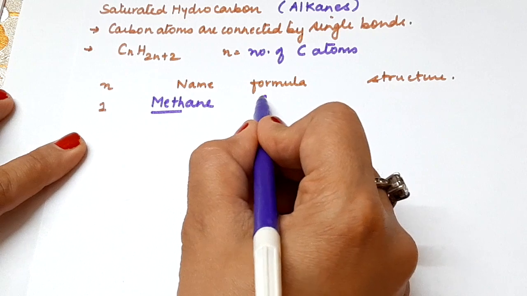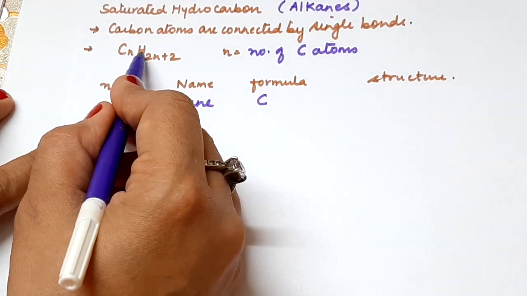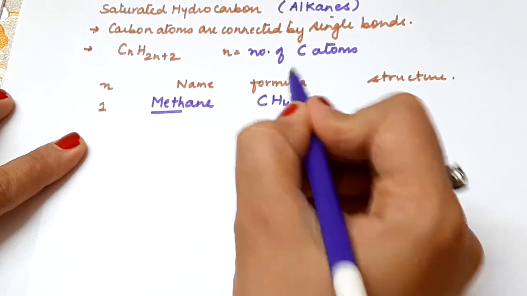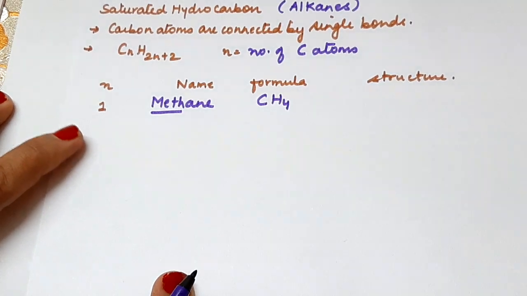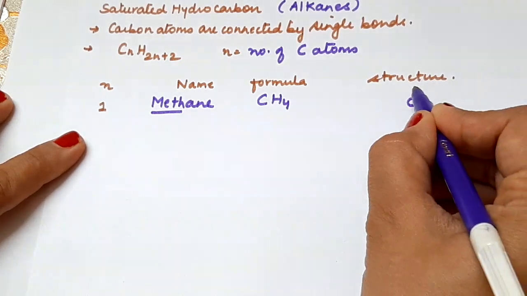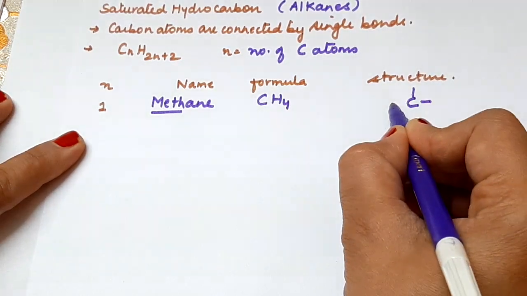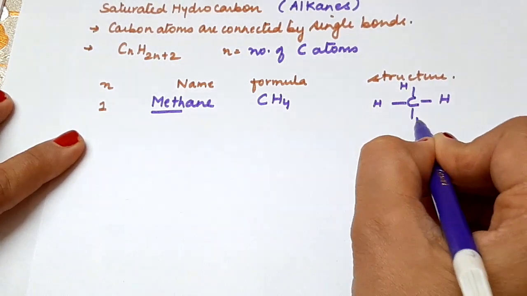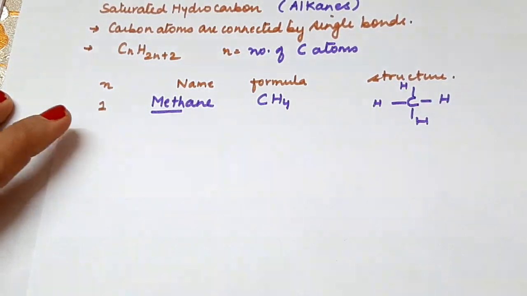So we'll get C, n is 1, then H2n, 2 plus 2 is 4. So it is CH4, right? And the structure will be 1 carbon atom and 4 hydrogens. So this is the structure for methane.